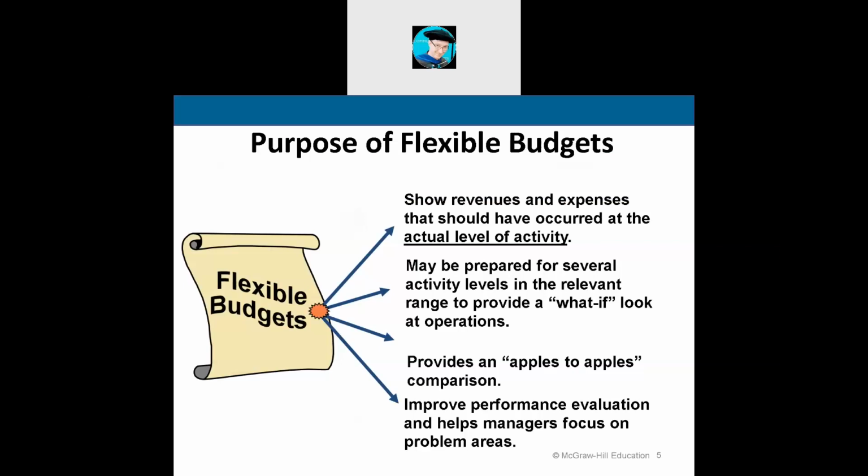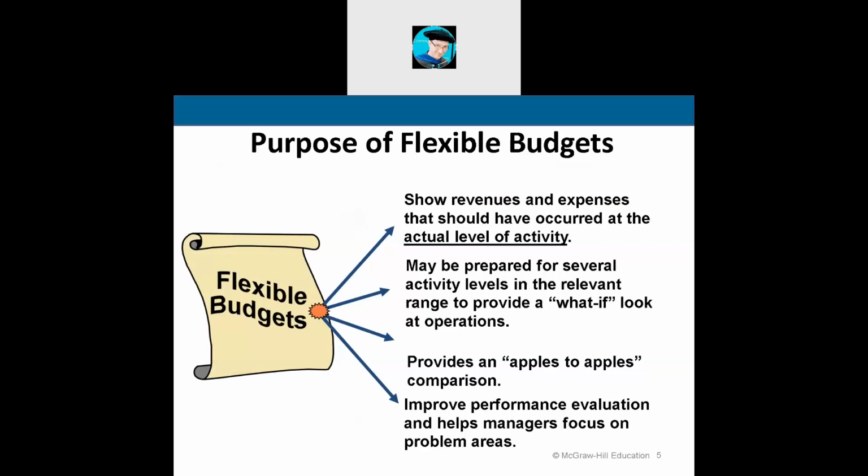If I sell 90,000, that's the low level of activity. So 90,000, 100,000, 110,000, those are my ranges.